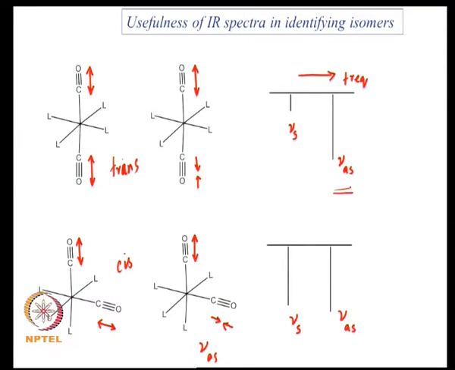So, here you have a symmetric stretch, where the 2 carbon monoxide units are pulled in a symmetric fashion. Both of them are pulled apart.